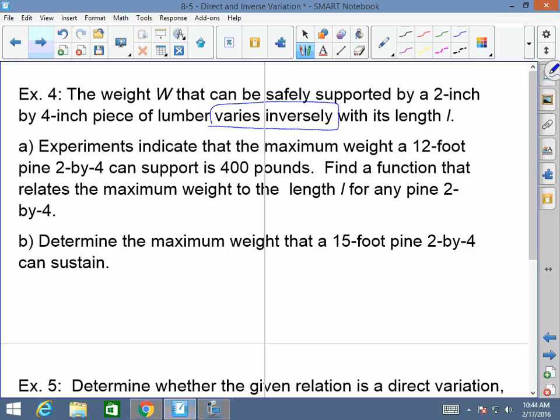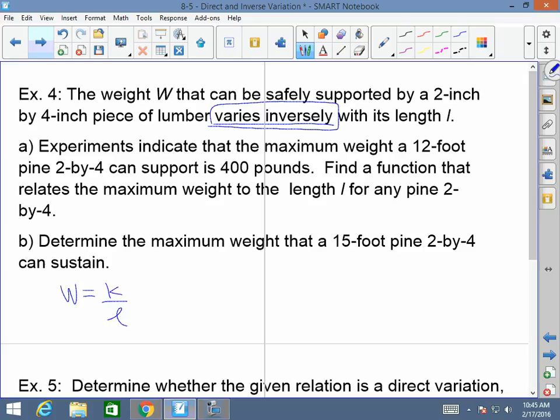Okay. They give you the clue right here. It varies inversely. So the weight W can safely be supported by a 2 by 4 piece of lumber, varies inversely, so K over L, the length.